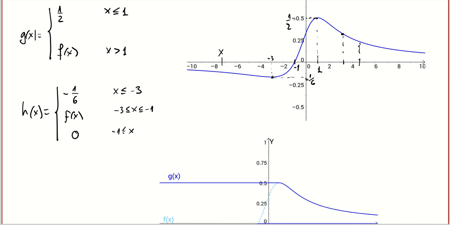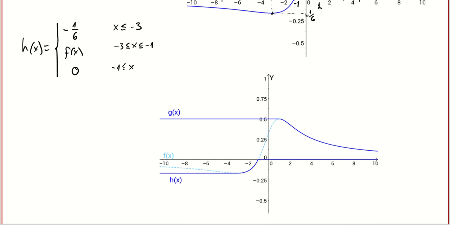If you go to the function h, which is the infimum, it takes the constant value -1/6 up to the point where you reach the minimum, which is -3. Then it coincides with the value of the function.